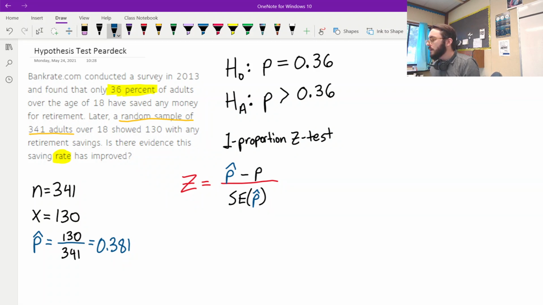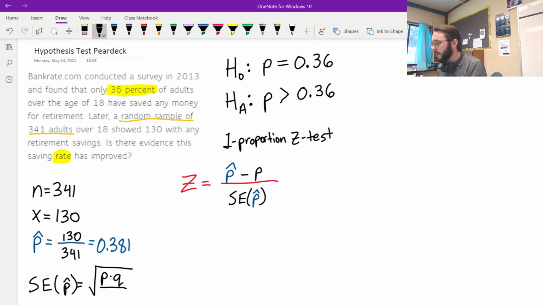Standard error of p hat, in this case, is going to be the square root of p times q divided by n.